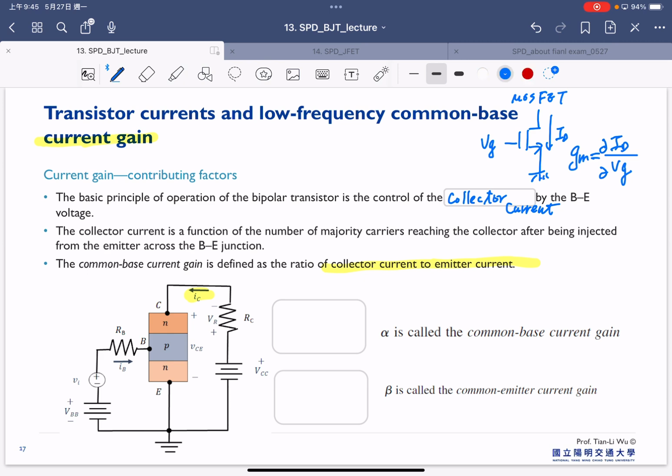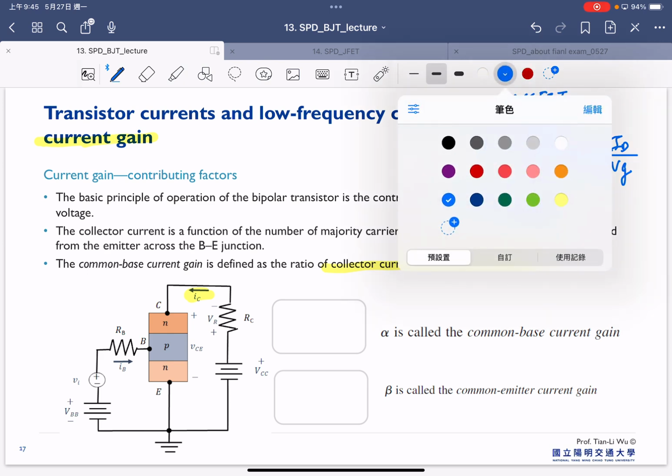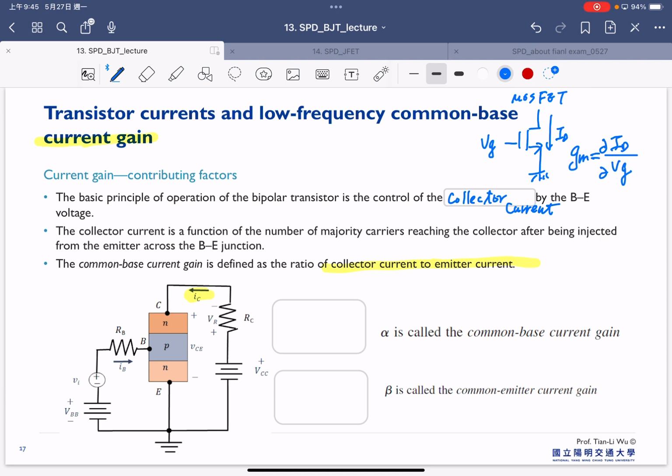We have the collector current here, the emitter current here, and also the base current here.